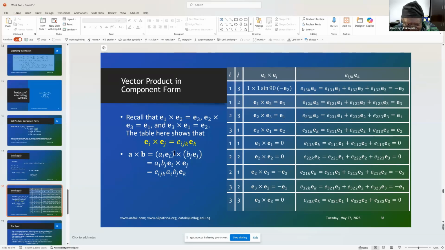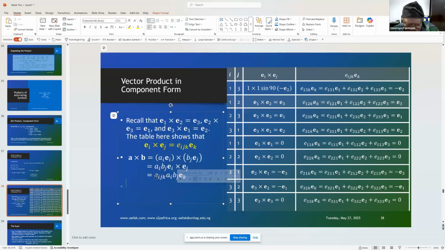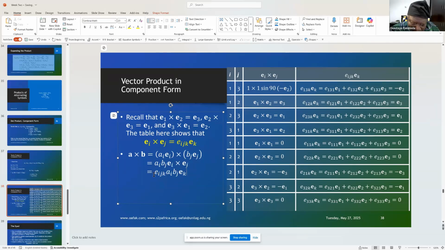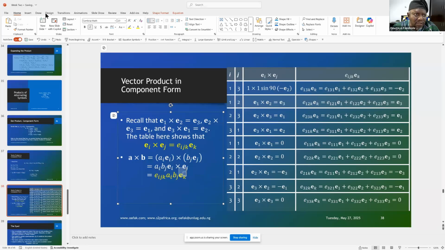You can now write e_i cross e_j, instead of e_i cross e_j, we just say epsilon_ijk e_k. So this expression now is the expression for the cross product among those two vectors.